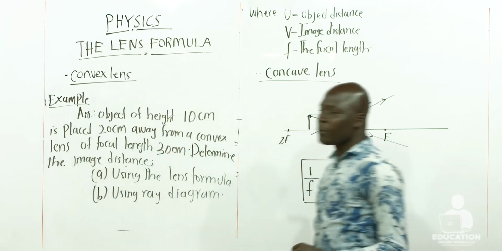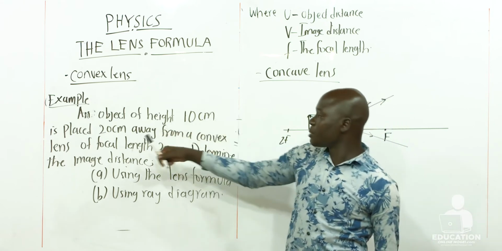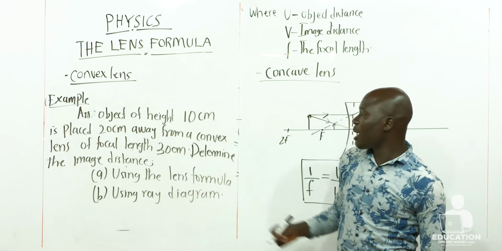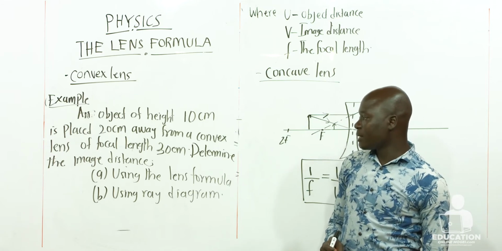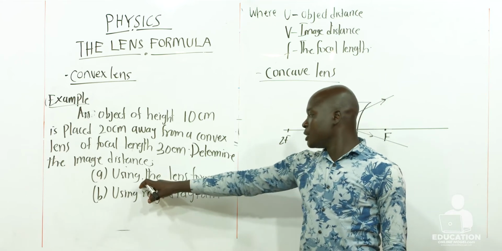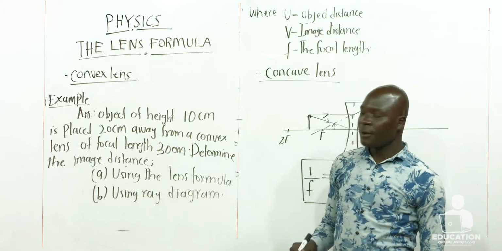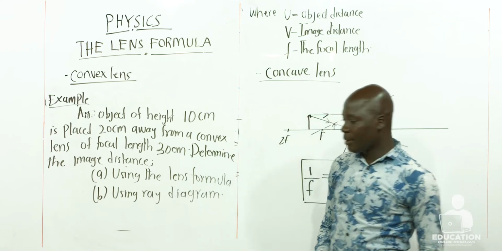So this is how a question can be set. An object of height 10 centimeters is placed 20 centimeters away from a convex lens of focal length 30 centimeters. Determine the image distance. 1 is using the lens formula. Then 2 is using a ray diagram.